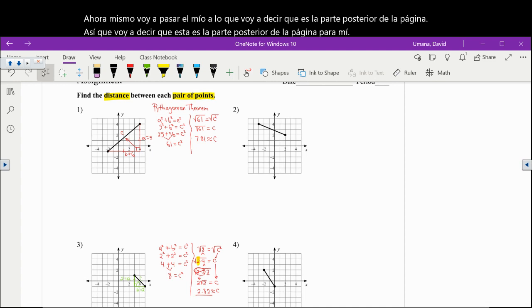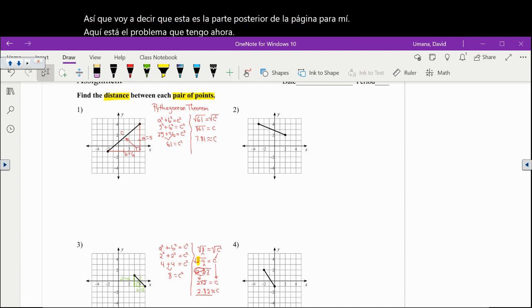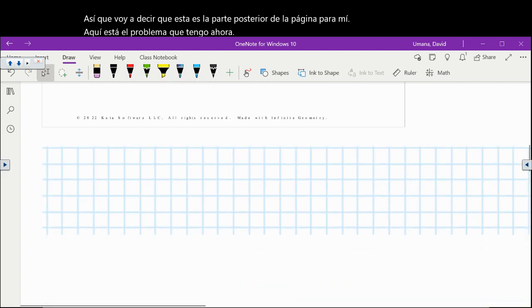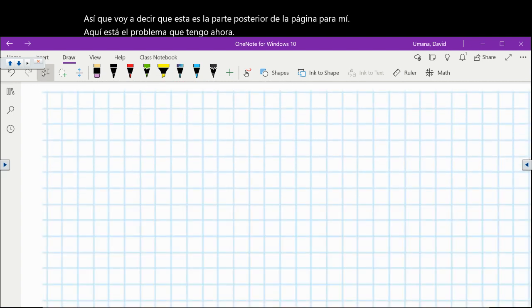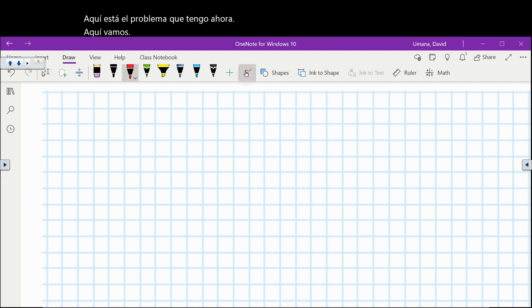And here's the problem that I have now. What is the distance, and I wrote that wrong.